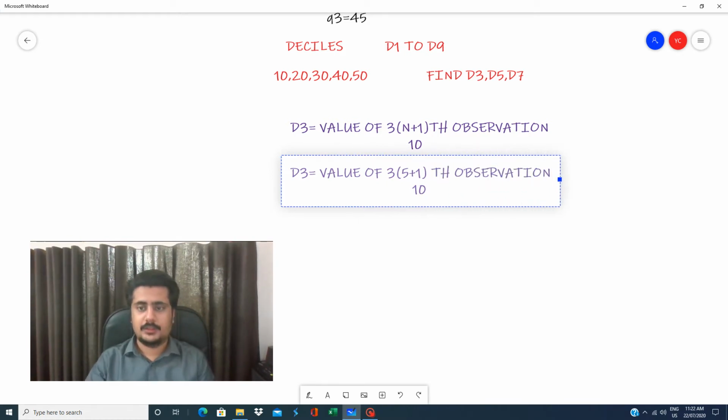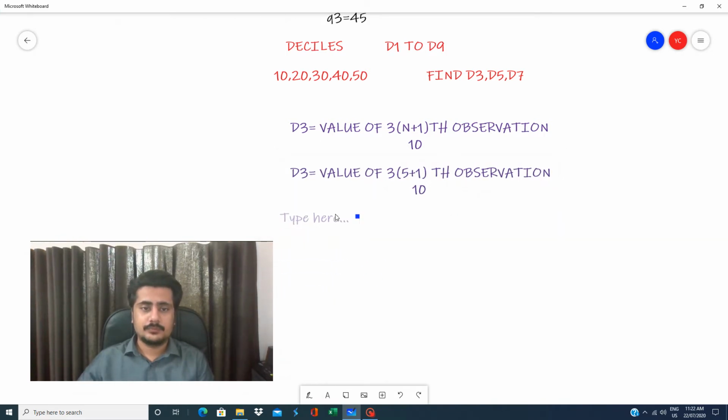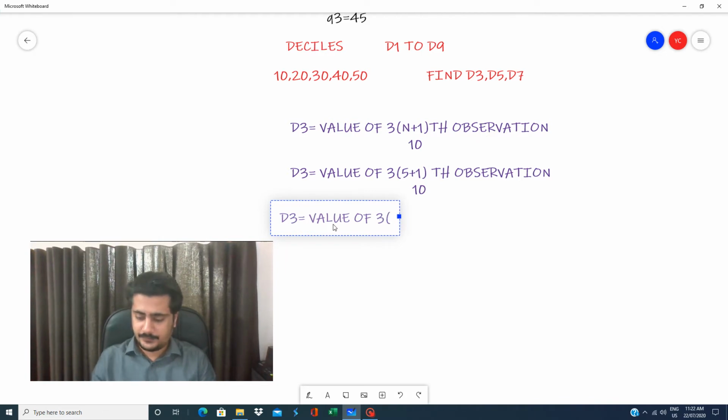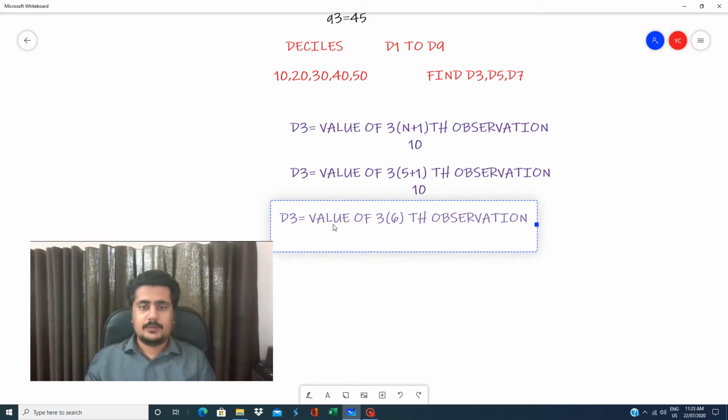Th observation. Now D3 is equal to value of 3 into 6 upon 10.